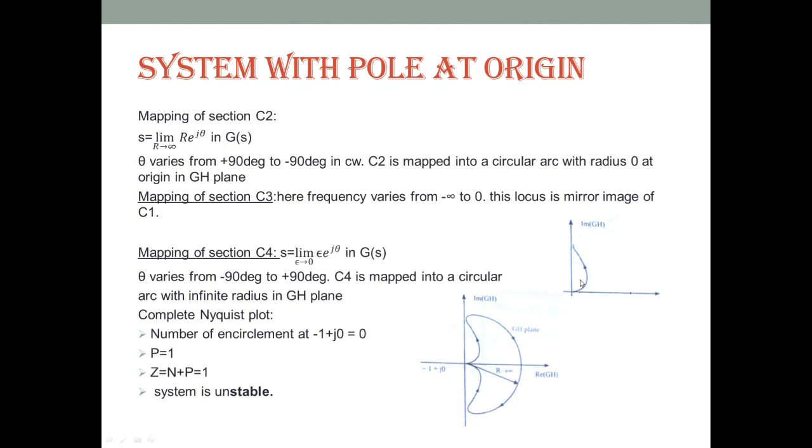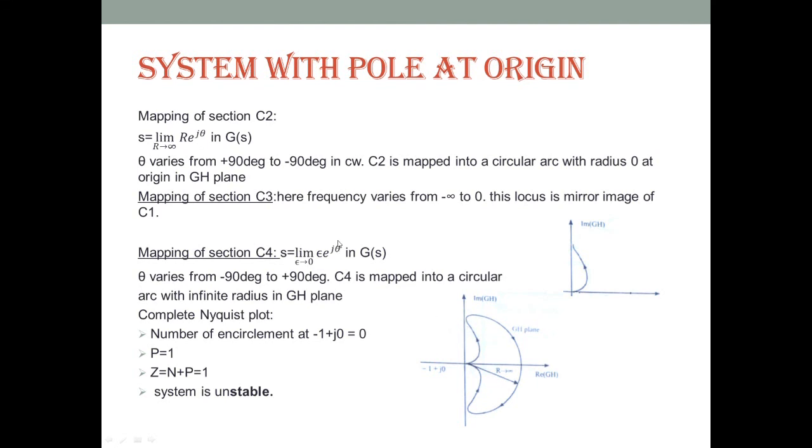Now section C4 is the semicircular arc of very small radius, epsilon tends to 0, and if theta is varying from minus 90 degrees to plus 90 degrees, then it will be plotted into a circular arc with infinite radius.